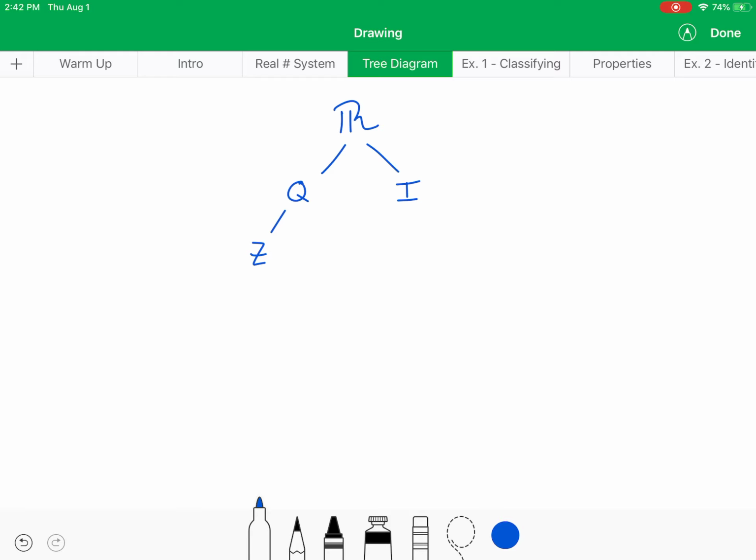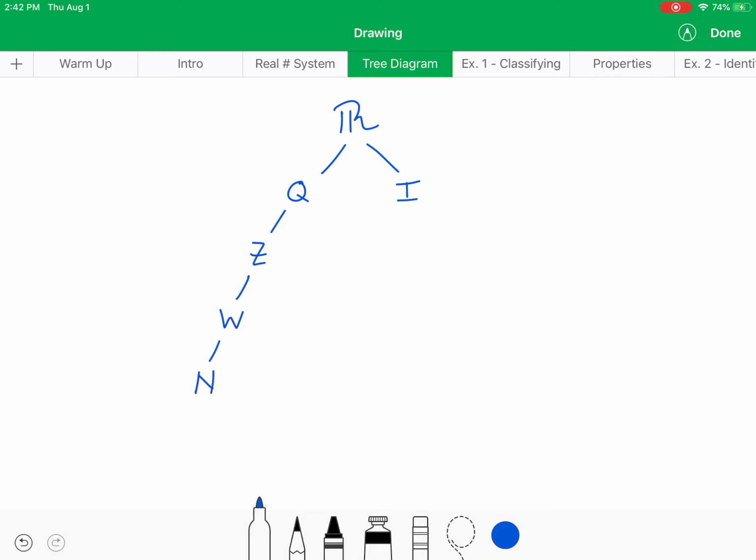Okay? And if it's an integer and it's positive or 0, then we know it's also a whole number. And if it's a whole number, chances are it's probably also natural unless it was the number 0.